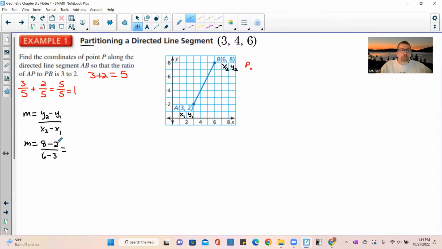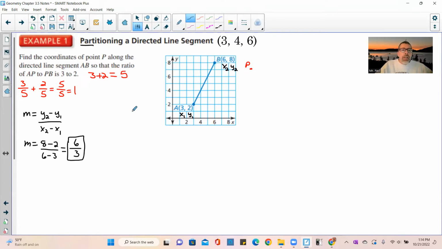Well, 8 minus 2 is 6, and 6 minus 3 is 3. Leave it as that. Do not reduce it. This is our slope, or our rate of change. So that means we rise 6 and run 3, and we're on the other end.